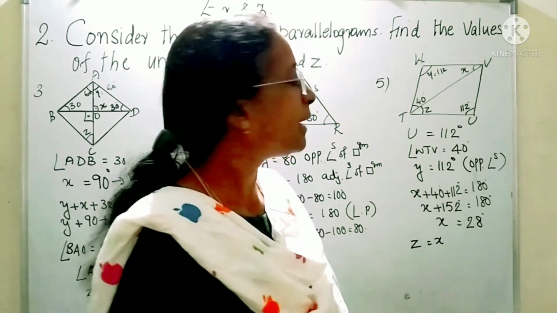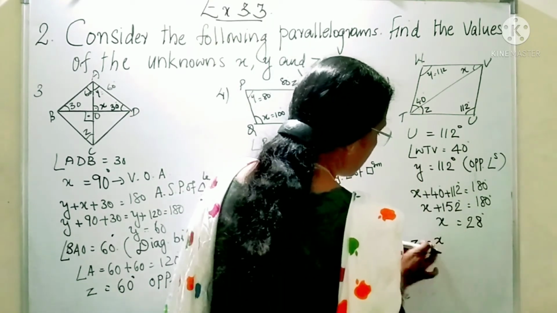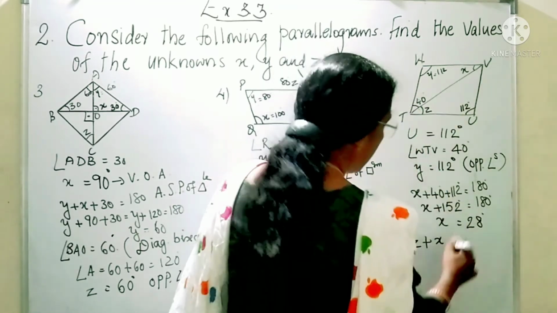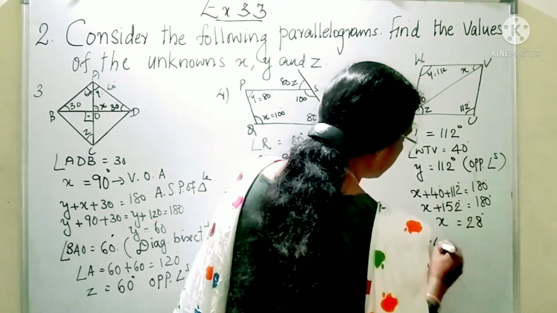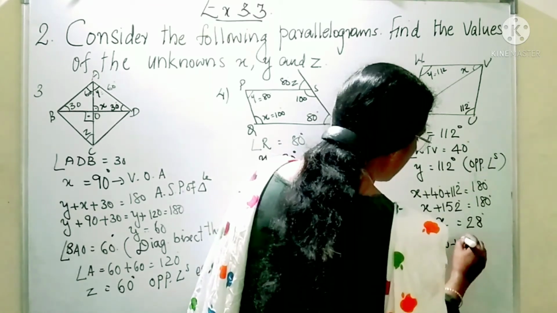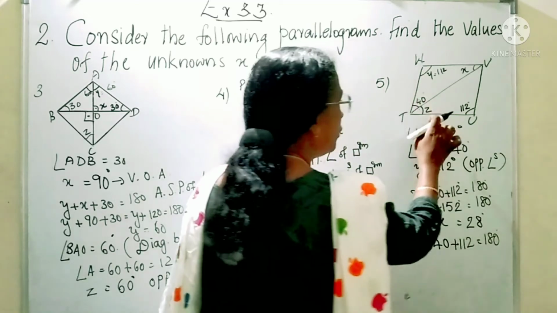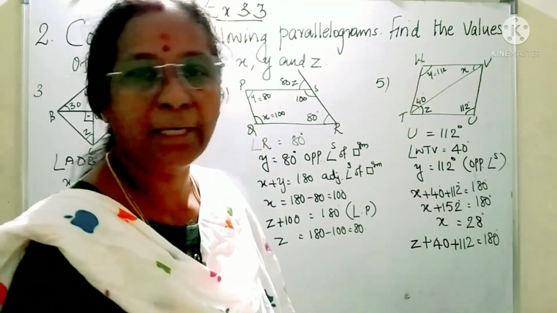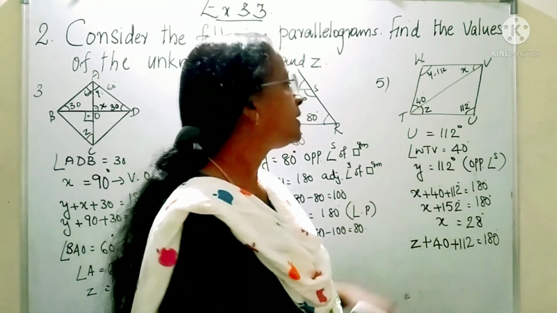In another way, you can also find it: Z plus 40 plus 112 is equal to 180, because they are adjacent angles.